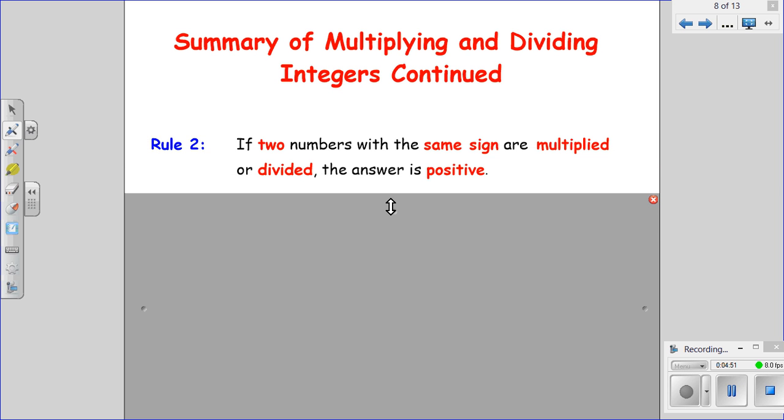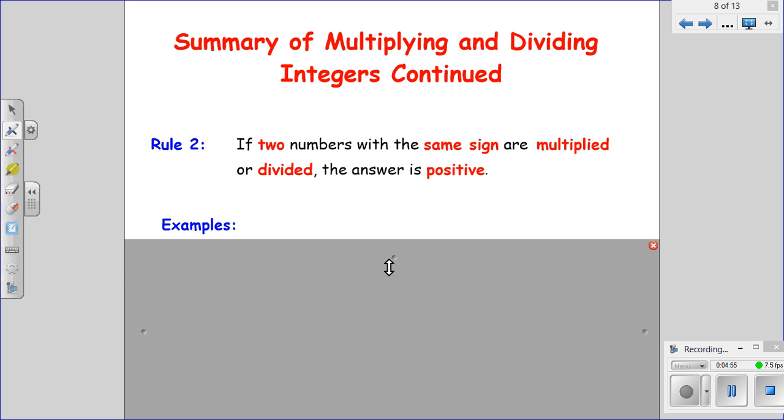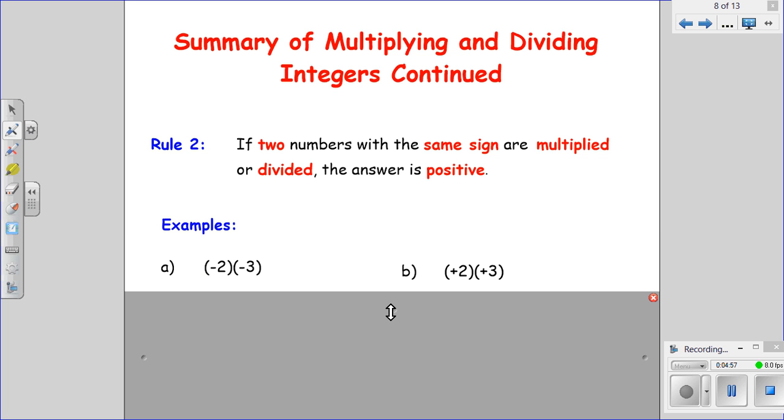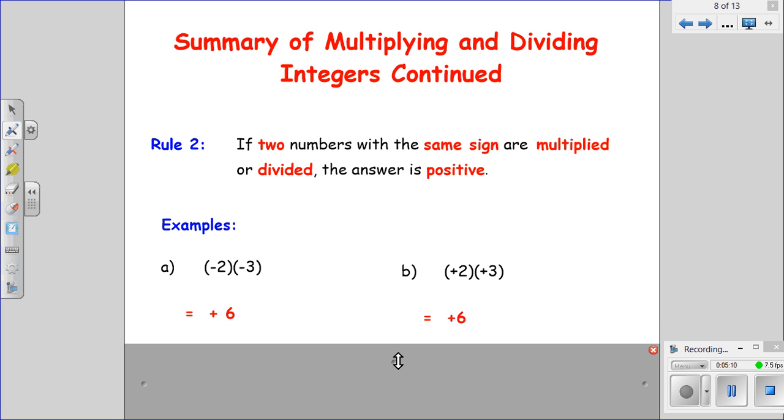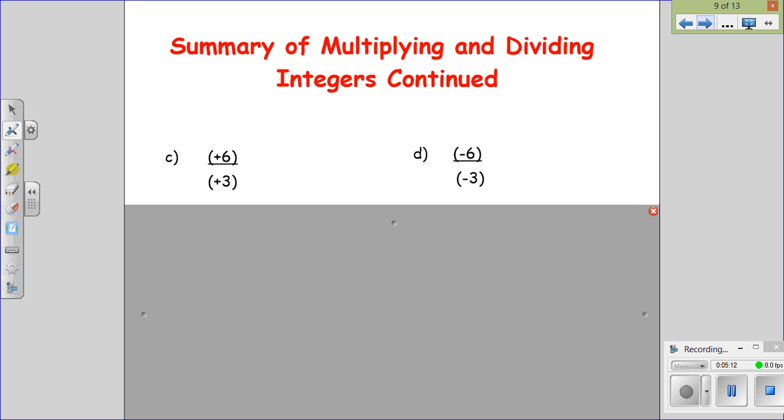So the generalization is if two numbers with the same sign are multiplied or divided, the answer will be positive. Negative 2 times negative 3, two negative signs, the product is positive. 2 times 3 is 6. And a positive times a positive. Well, that makes sense to us because we've been doing that since grade 3 or 4. Positive 6 divided by positive 3.